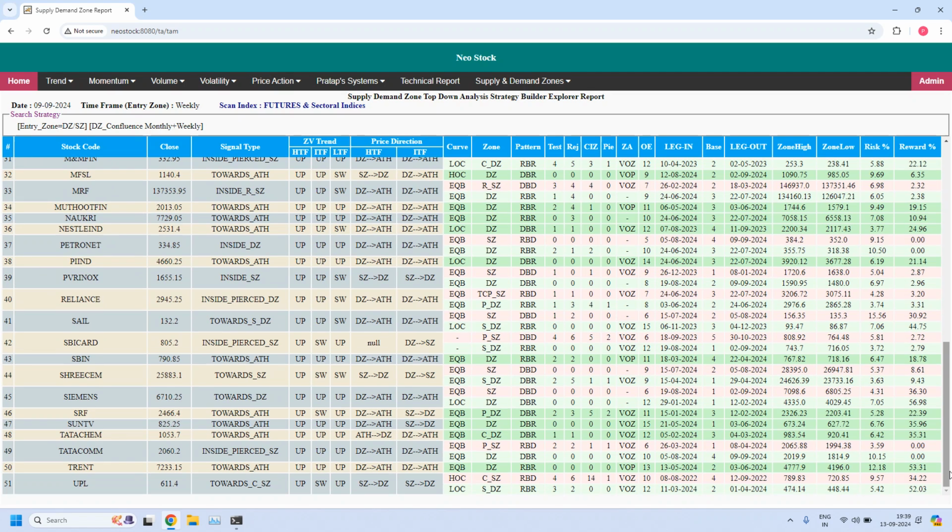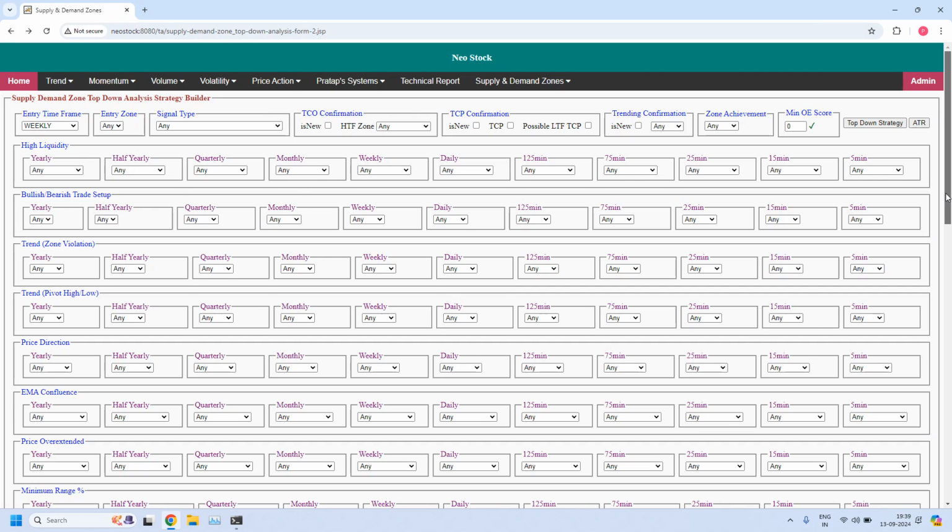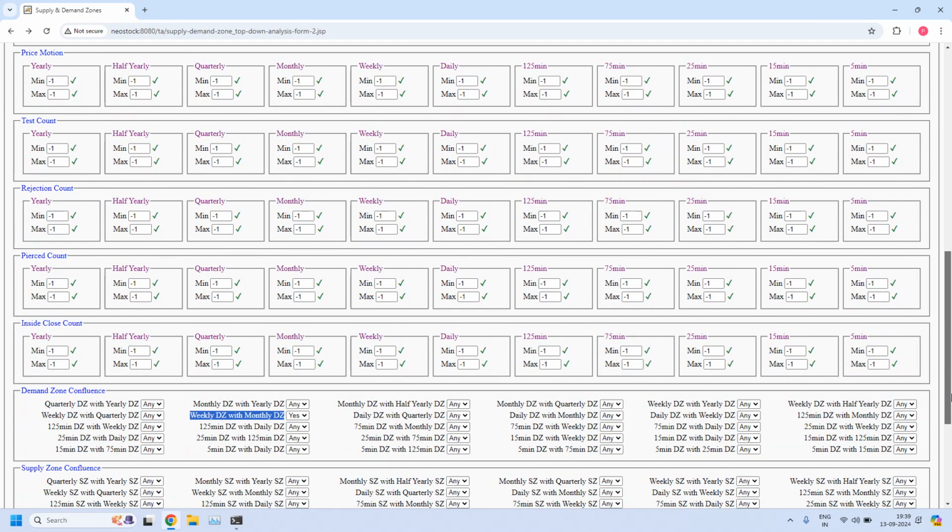The demand zone confluence. Now let's add one more condition, HTF confluence, that is LTF, ITF, HTF confluence. So we need to add 2 more filters. Already weekly demand zone with monthly zone is enabled. Now weekly demand zone with quarterly demand zone I am enabling. Next monthly demand zone with quarterly demand zone also I am enabling.